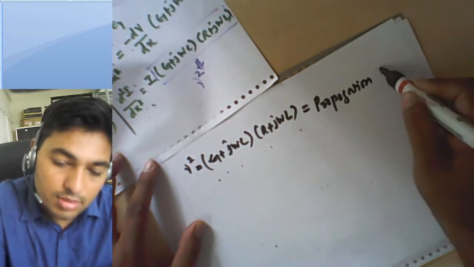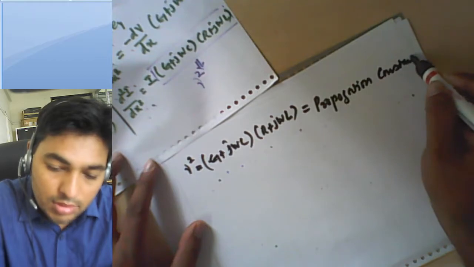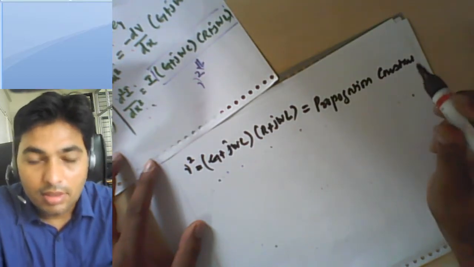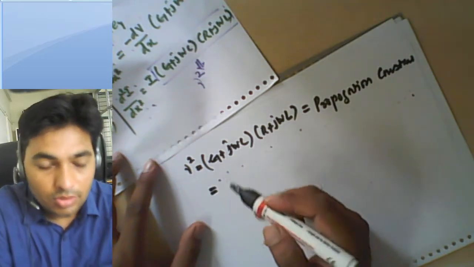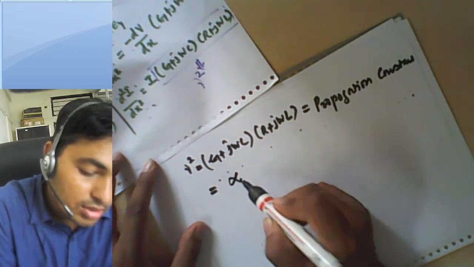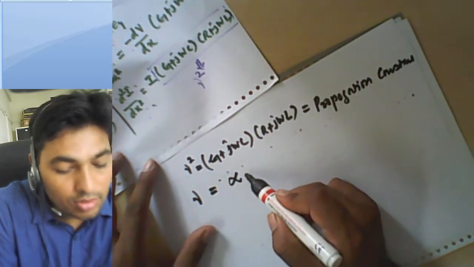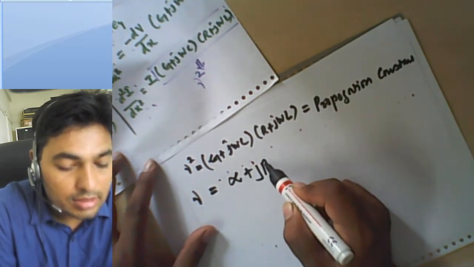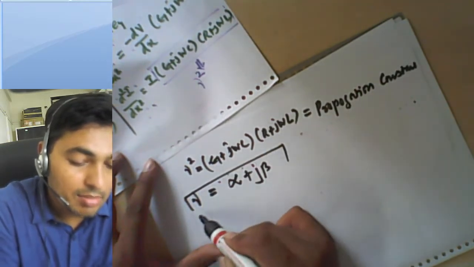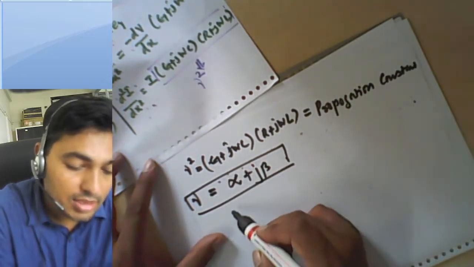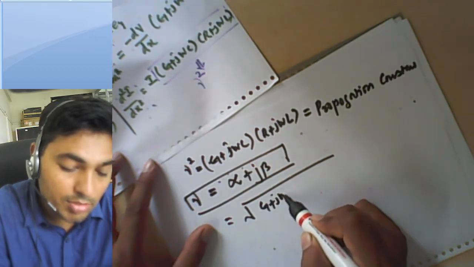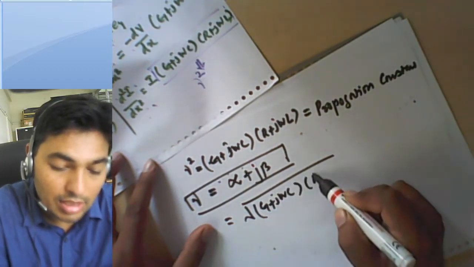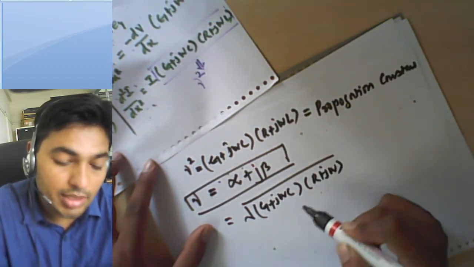So this is actually a complex quantity, so we will denote gamma is equal to alpha plus j beta. Gamma is equal to alpha plus j beta, equal to under root of (g plus j omega c) into (r plus j omega l).